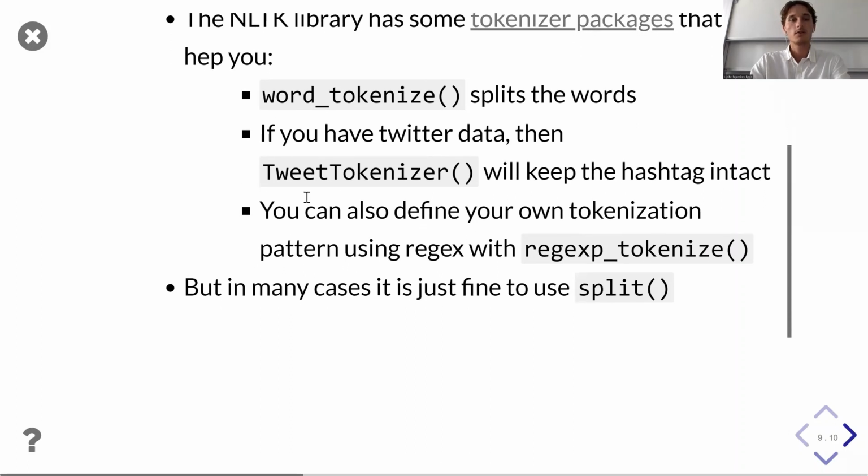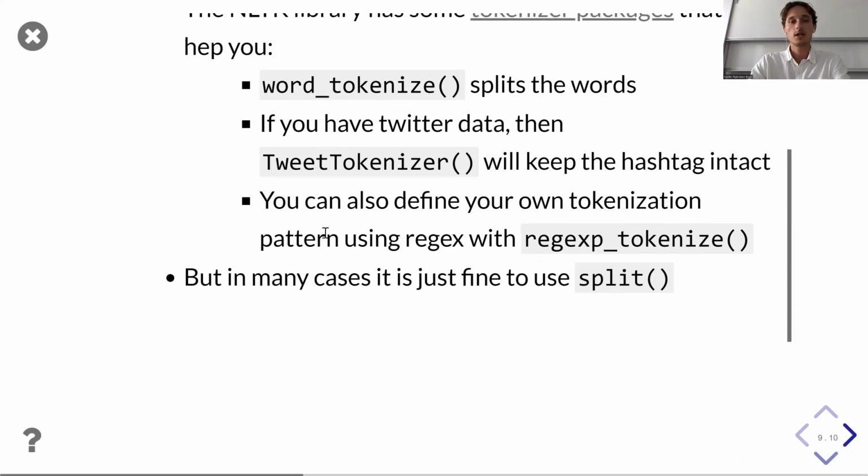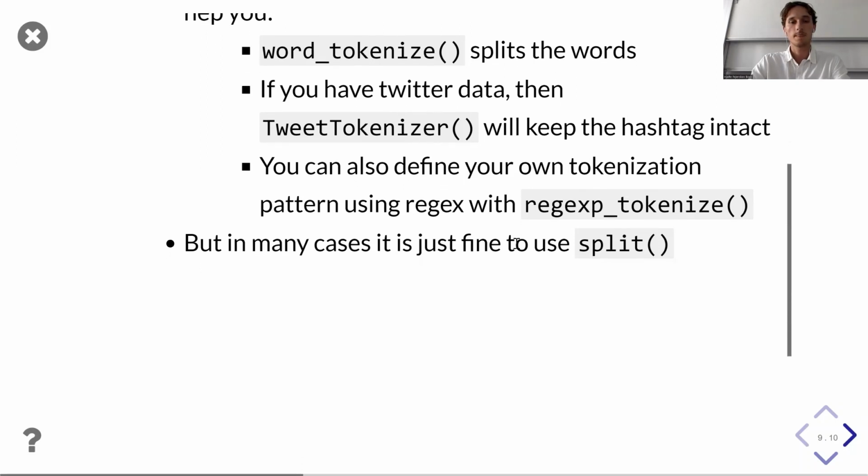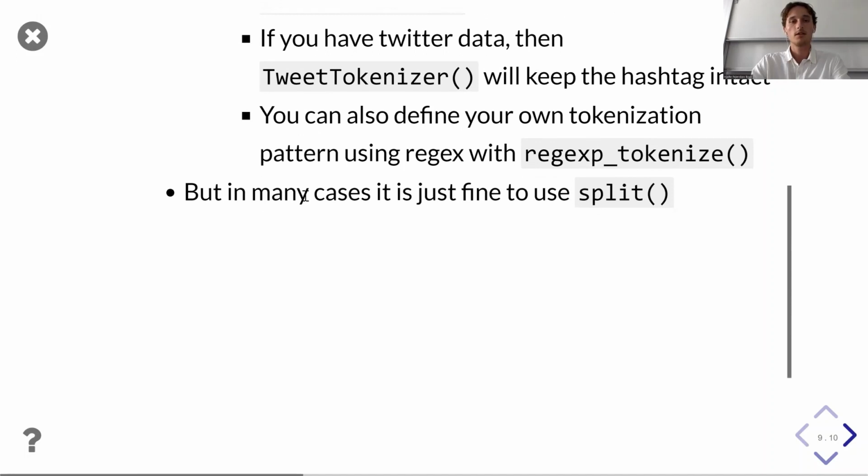We also have a tweet tokenizer, for example, that is good with Twitter data because it will keep the hashtag intact. And you can also define your own tokenization pattern using the regexp tokenize function, where you can define exactly how you want to split your text into different tokens. But normally split is also just fine.